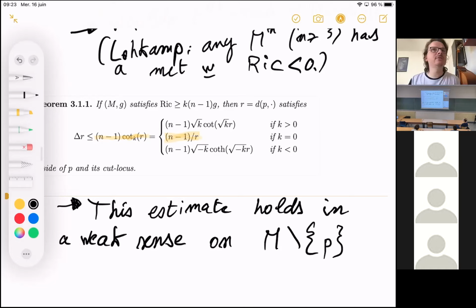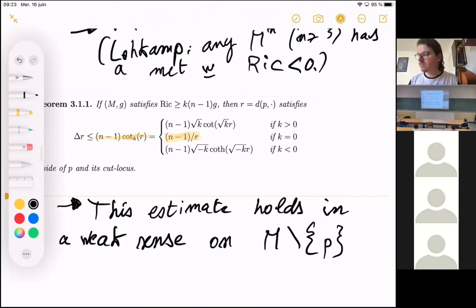So at p, you cannot get any upper bound on the Laplacian because it's basically like the absolute value. You cannot get any meaningful upper bound on the second derivative of the absolute value at the origin. But on the cut locus, actually, it goes the other direction.